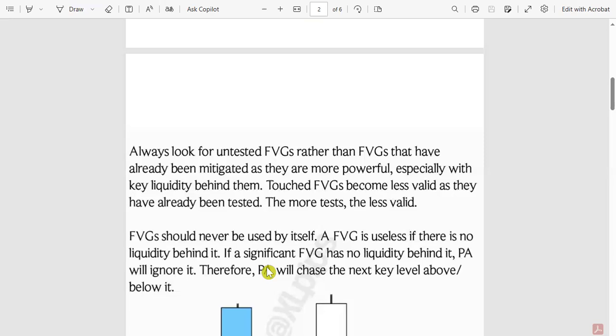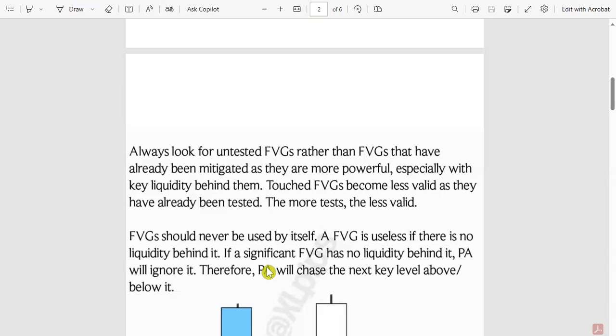Things like that. So it has to be a fair value gap that is not just by itself, because the fair value gap is useless if there is no liquidity behind it. So first, there has to be a liquidity sweep before formation of that fair value gap.